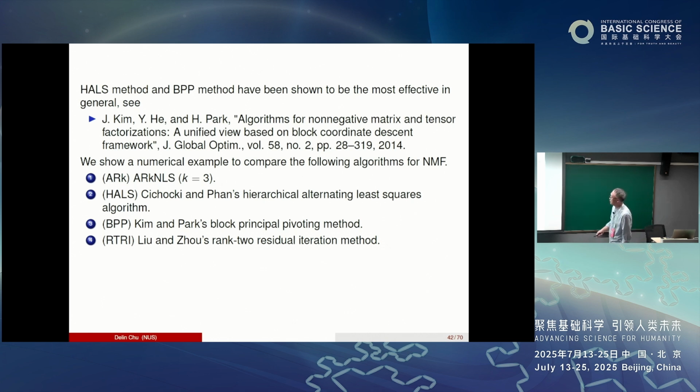So now we show a numerical example to compare our new method with the HALS method and the BPP method. Also, this is another method that nobody cited. Later we found this method, so we also want to compare with it.